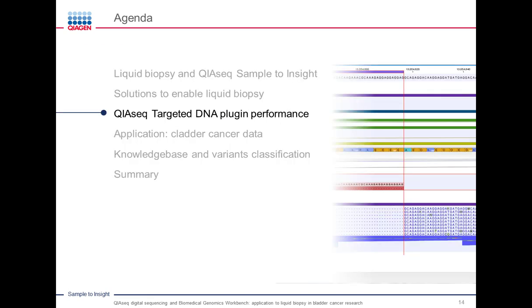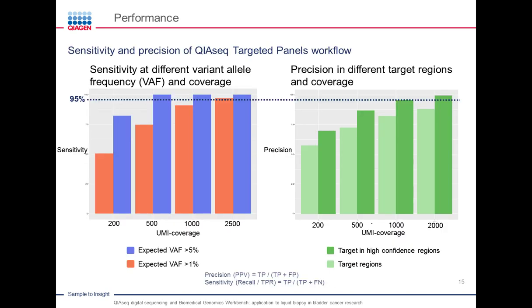Let's have a look at what kind of accuracy we can achieve by using this workflow, because all these characteristics that I just mentioned have an effect on your capacity to obtain very accurate results. So in the tests that we have performed, we see very clearly that we reach a sensitivity already at 500 UMI-X of 100% for variants that have a frequency of 5%.